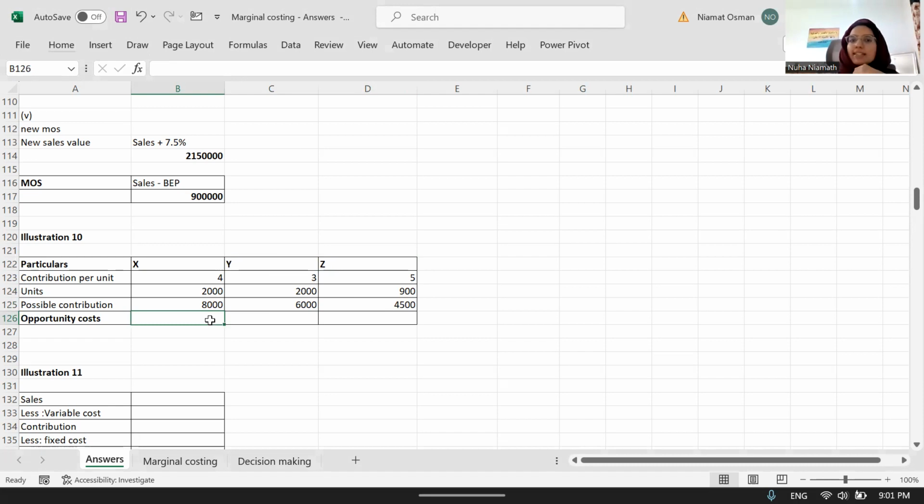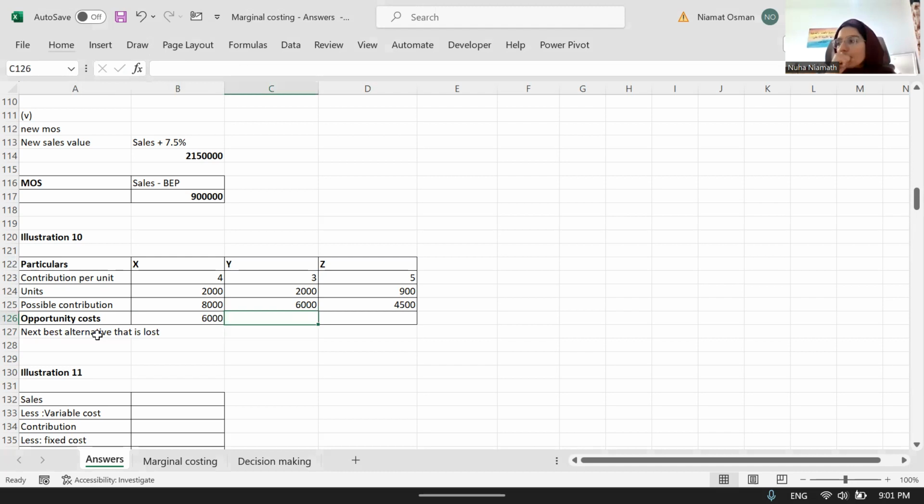Because Y has the next best profit. That is the next best alternative that I'm losing. So you need to remember, opportunity cost is the next best alternative that is lost. Because I'm producing X, I can't produce Y, I can't get the profit of 6,000. My opportunity cost here will become 6,000.